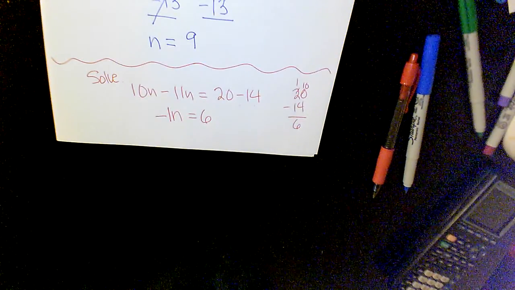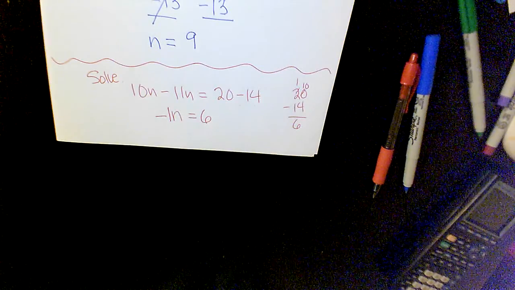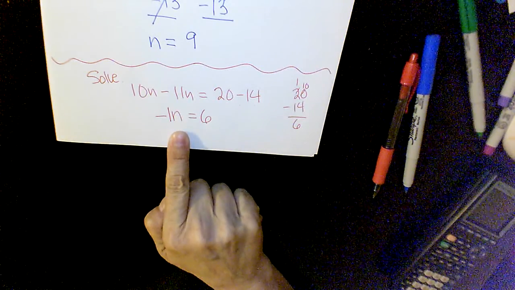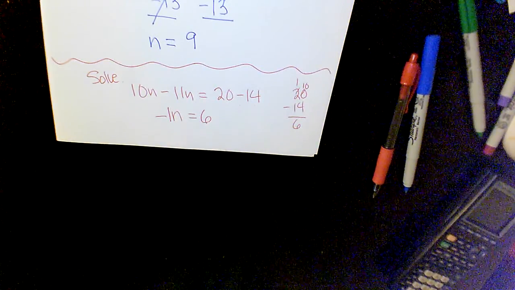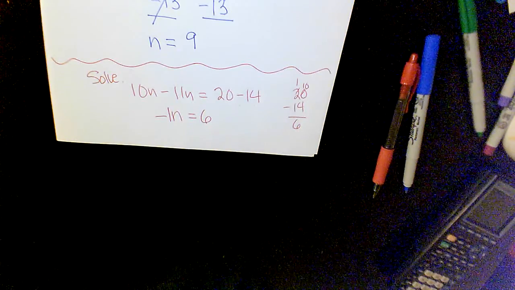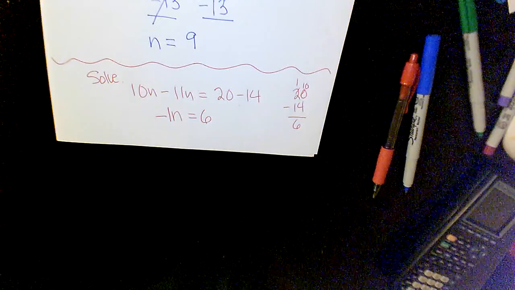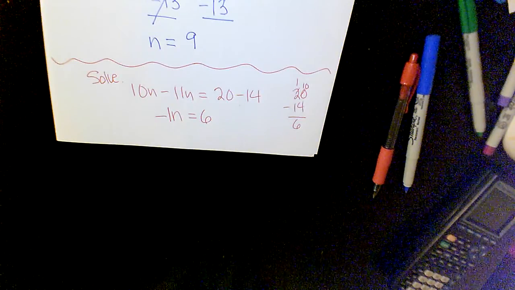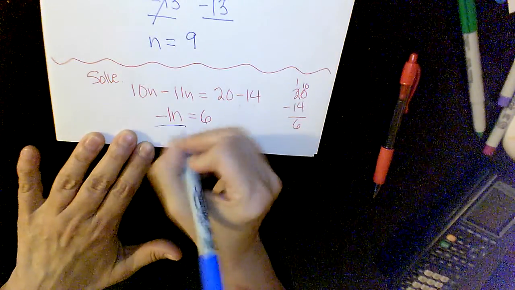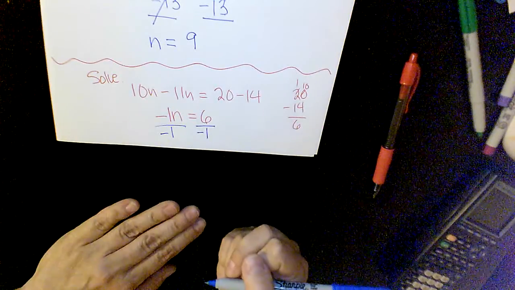So now I have a problem like we've been doing in 2-3 part B, where I've got a negative 1 times some number, and that'll get me equal to 6. So what am I going to do to both sides? If I'm multiplying by negative 1, remember I'm going to do the opposite, and I'm going to divide both sides by negative 1. Okay?